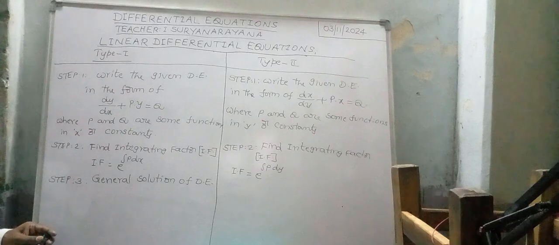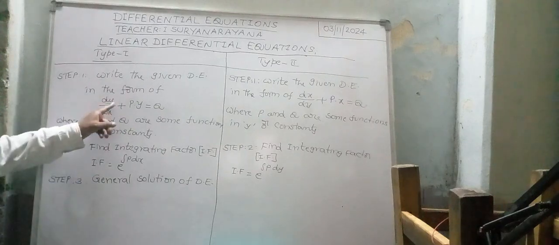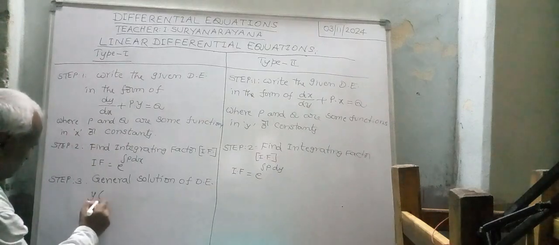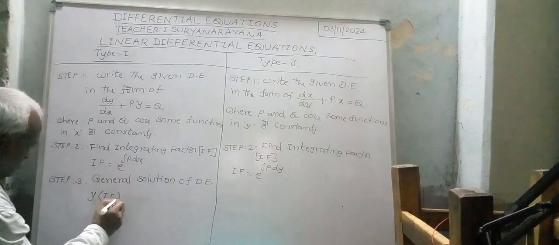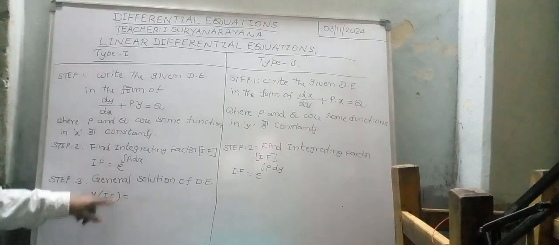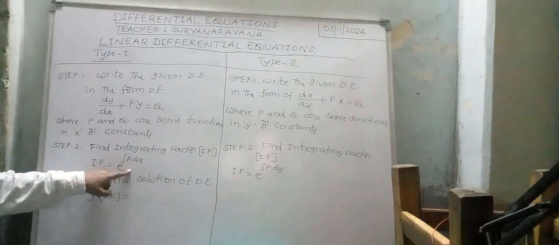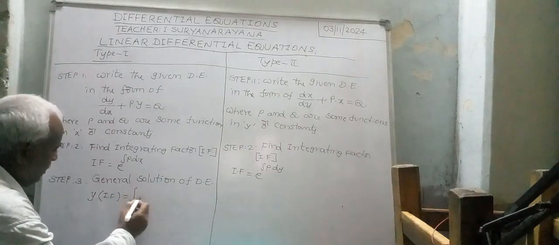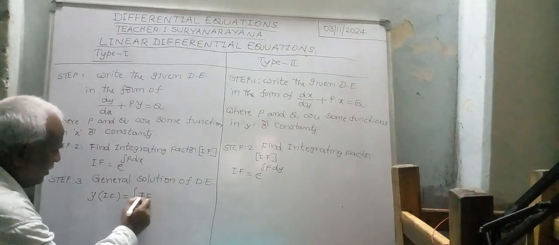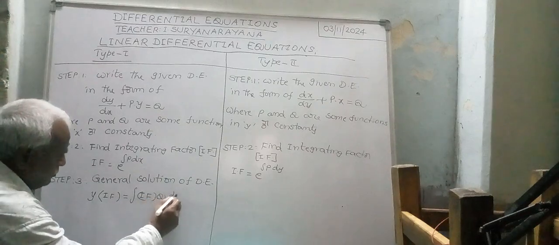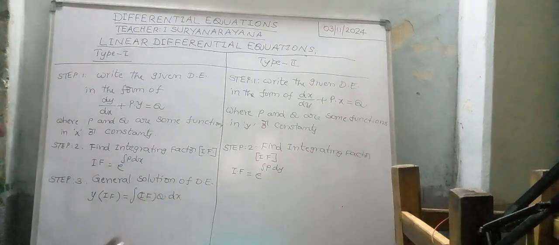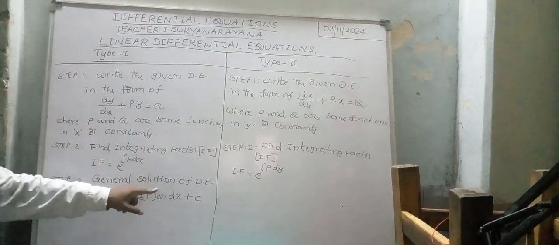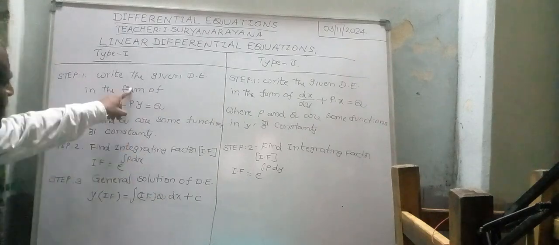Directly we can find the general solution of the given differential equation of this type, that is y into integrating factor, as we found the integrating factor in the second step. So y into integrating factor is equal to integral of integrating factor into q dx plus c. This is the general solution of a linear differential equation of type 1.